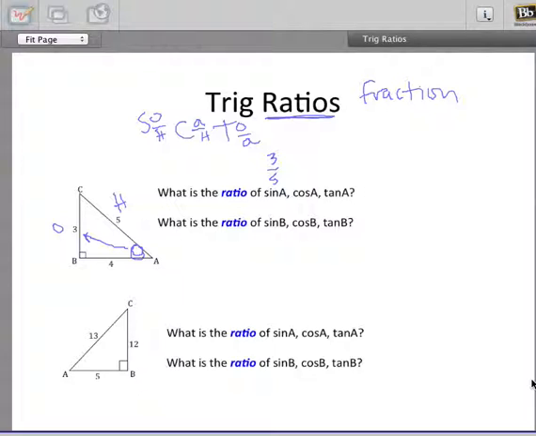Just want to leave it like that. Cosine of A, we know cosine is adjacent over hypotenuse, so that'll be the 4 over 5. And tangent of A is opposite over adjacent, which would just be 3 over 4. So trig ratios, you're just leaving your answer as a fraction, noticing those opposite, adjacent, hypotenuse, that sort of thing.